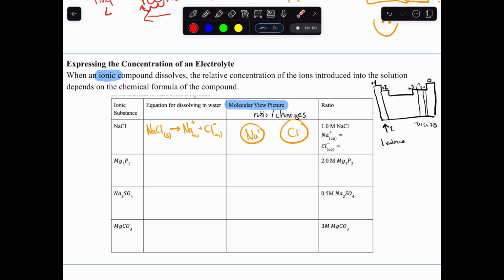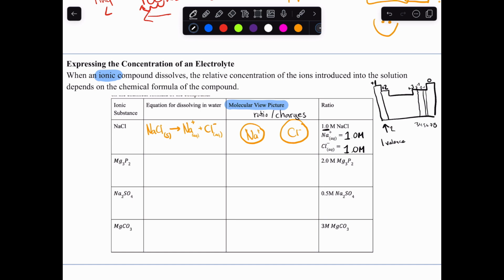When it comes to moles, remember moles are a counting unit. So in a sense, molarity, capital M, is also somewhat related to a counting unit. Now it's moles per liter. It's a ratio, but it helps us understand how many of each you have. So if I have a 1 molar solution of NaCl, it's going to break apart into a 1 molar solution of Na and a 1 molar solution of Cl.